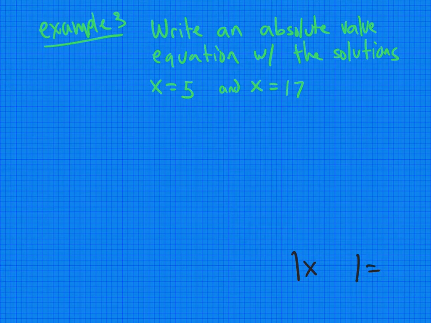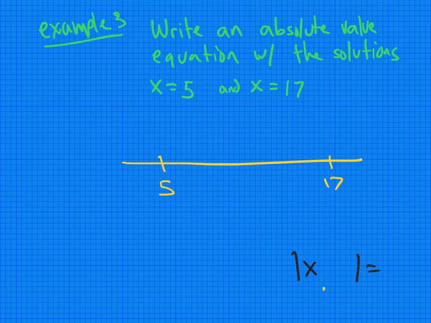So my first job is to create a number line, and I'm going to put these numbers on there, 5 and 17. Remember, this part of the equation represents the center. So I'm going to find the center between 5 and 17. It's the halfway point.